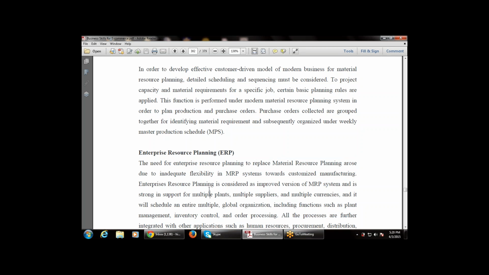That becomes an obstacle for customized manufacturing. ERP, that is enterprise resource planning, is considered an improved version of the MRP system. So we can say that it is an advanced version of the MRP, that is material resource planning, or manufacturing resource planning.